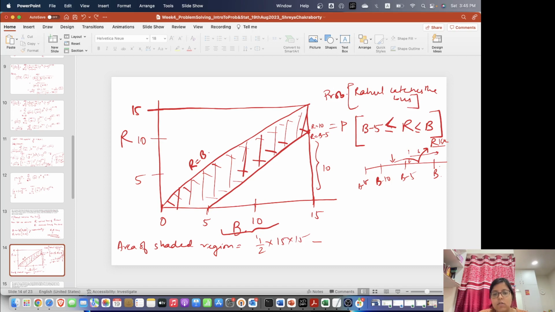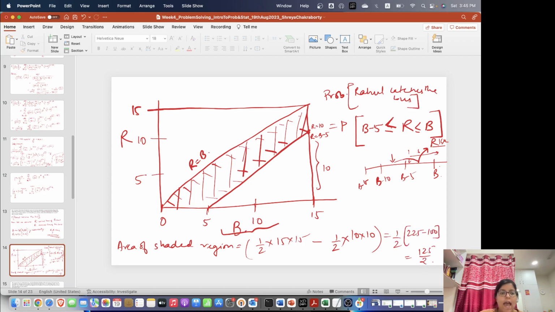So the shaded area is half into 15 into 15 minus half into 10 into 10, which is half into 225 minus 100, that is 125 by 2.